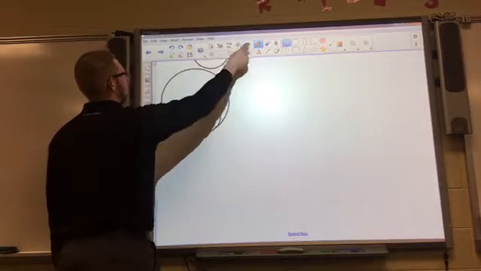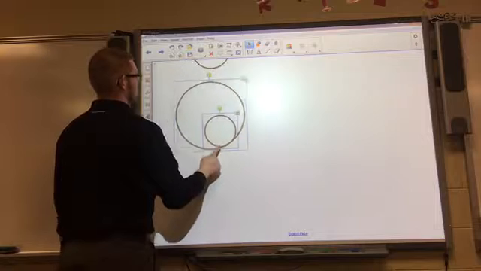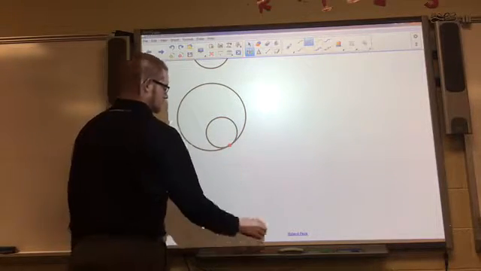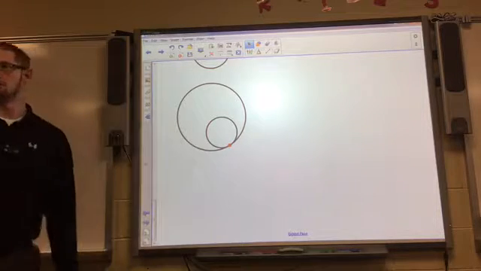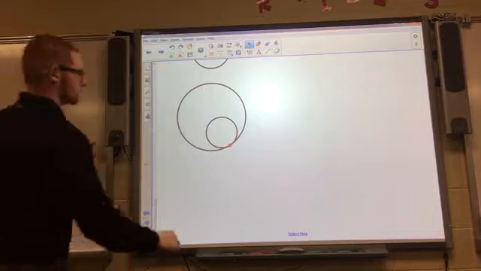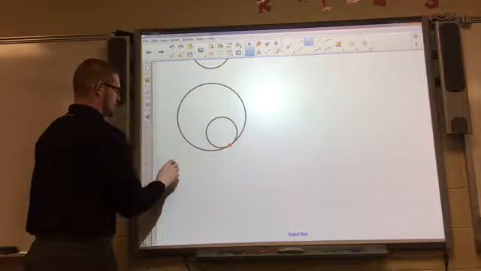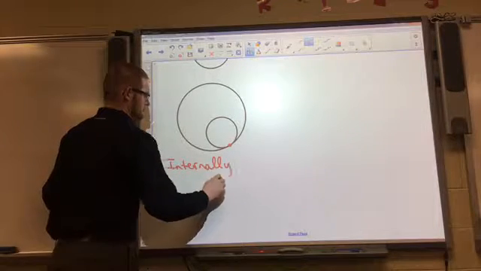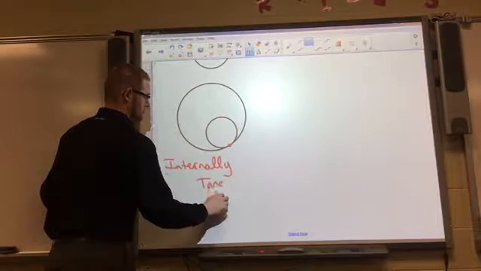Are these two circles tangent to each other? Those only intersect at one place, right? Those two circles are what we would call internally tangent to each other.